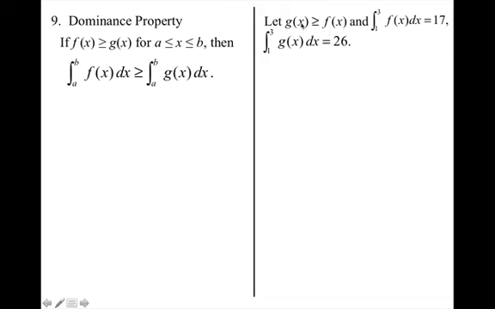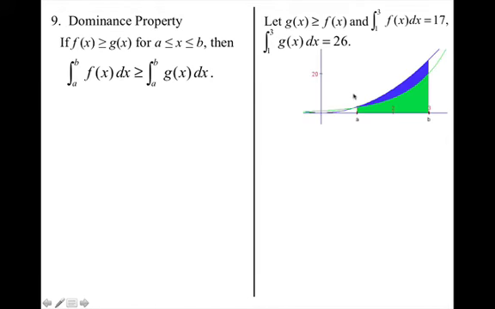So notice how I'm switching it. That's fine. All these function names mean is you just have whichever function's bigger between the two functions, that area of that function has to be bigger. And I'm going to let the area from 1 to 3 of f of x dx equal 17, and the area from 1 to 3 of g of x dx equal 26.